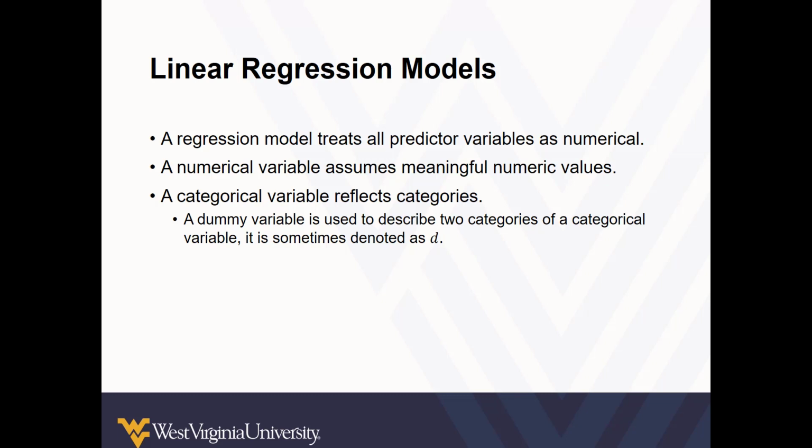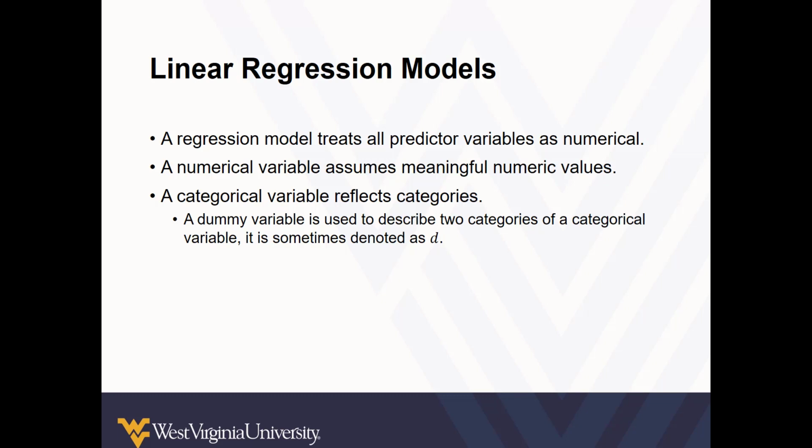Categorical variables reflect categories, so they can be hard to quantify numerically. The most common way we express categorical variables is with a dummy variable, also known as an indicator variable or a binary variable. These variables express 2 categories of a categorical variable. So, on versus off, male versus female.